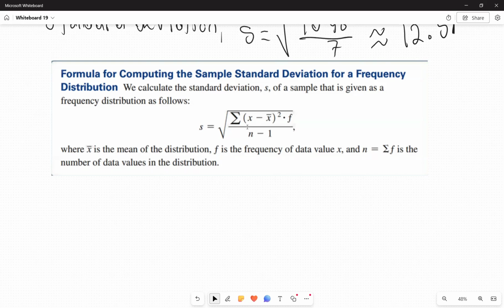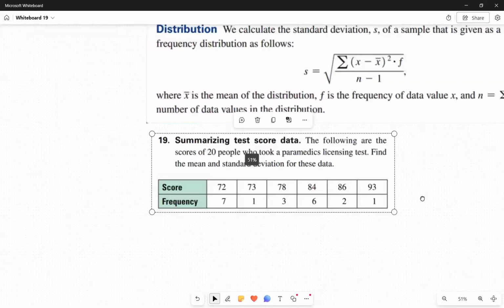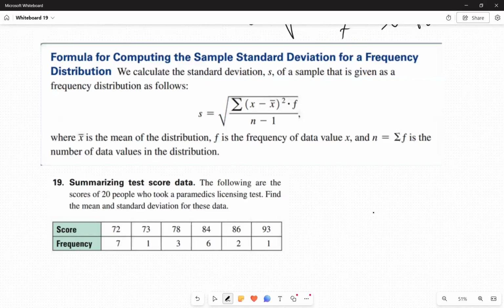Okay, we're going to do number 19. The following are the scores of 20 people who took a paramedics licensing test. Find the mean and standard deviation for this data.